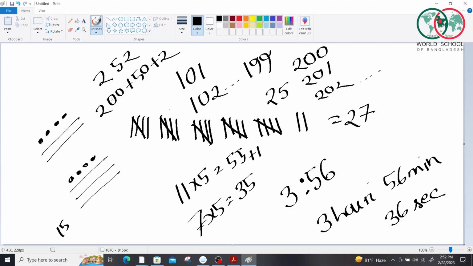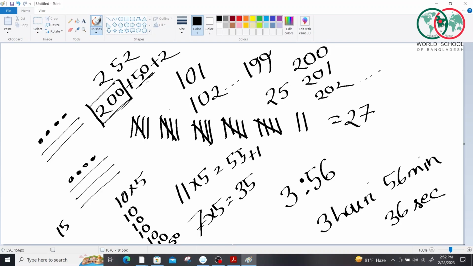That means 100 has 3 digits and 50 has 2 digits. So 50 is actually 5 tens. When 10 fives are added, we get 50, right?